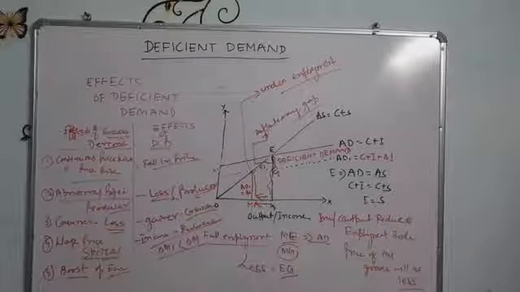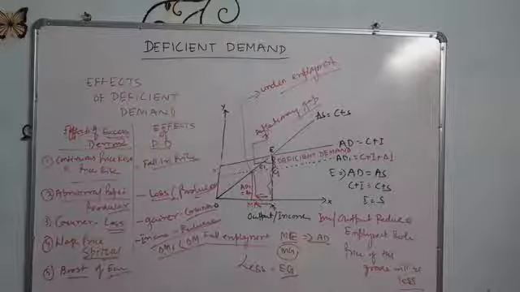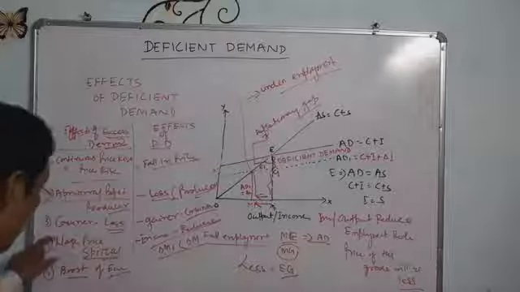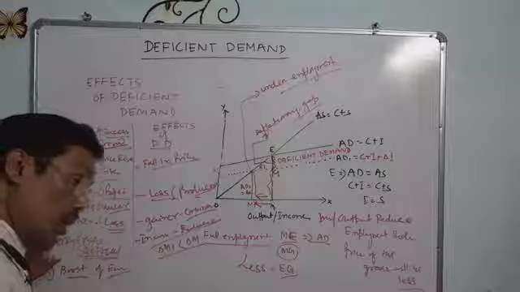So when the national income decreases or falls, naturally there is a fall in the level of employment, which leads to strikes and lockouts. Here there is a demand for increasing the wage more and more.